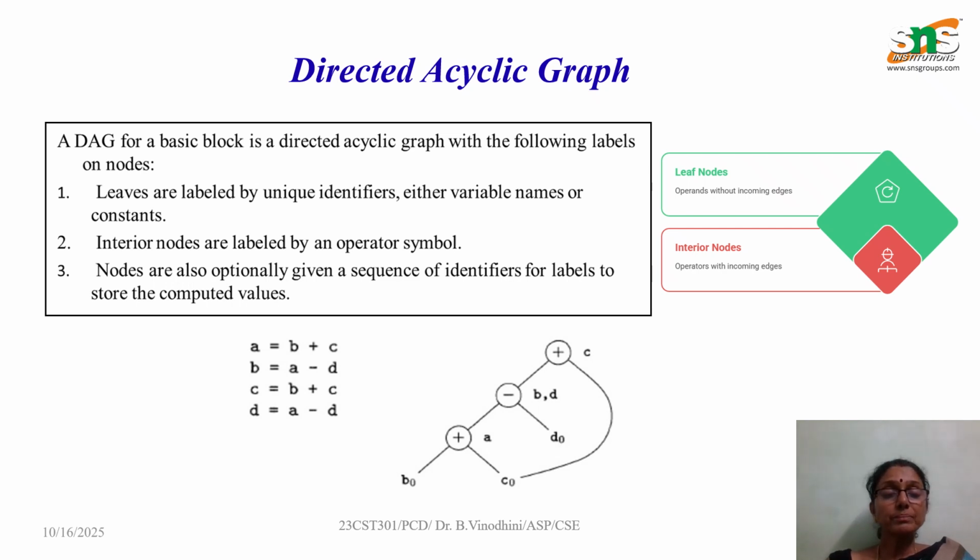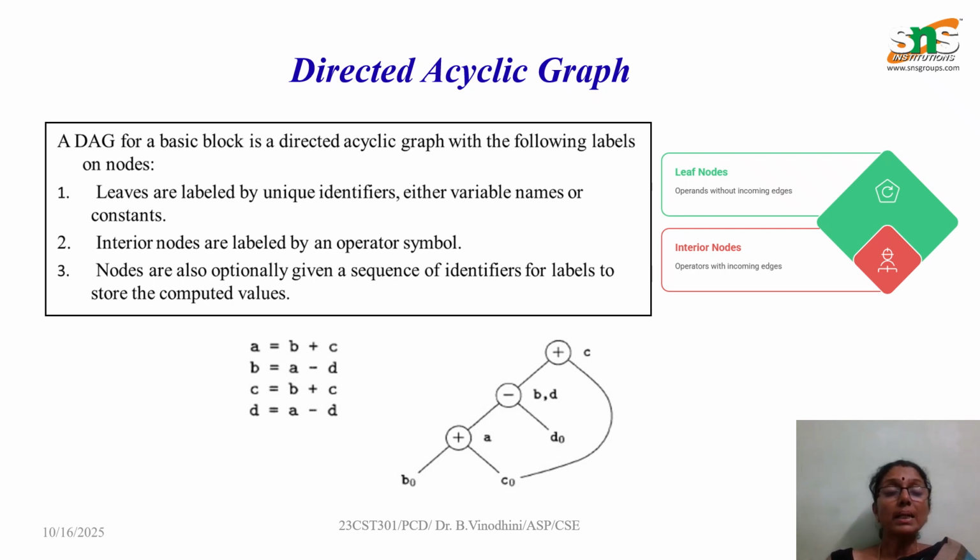We have an operator, and the operands are the leaf nodes. First we compute B plus C, which is stored in A. So B plus C is added, and the resultant is stored in the variable A, which is attached on the operator side.